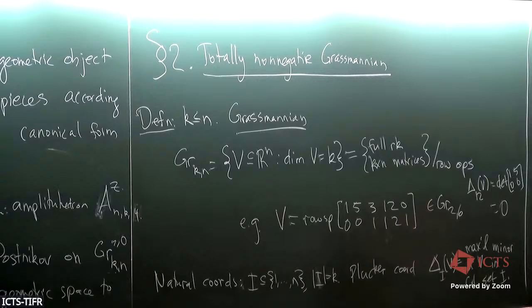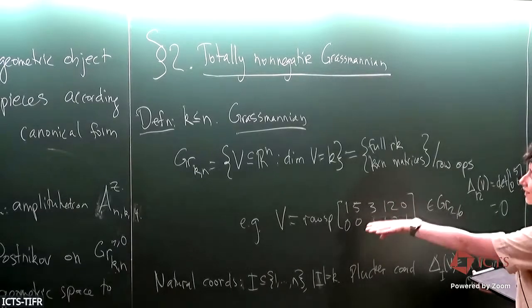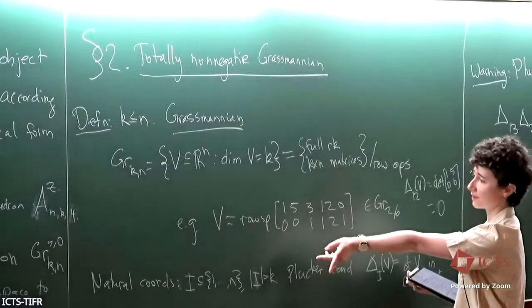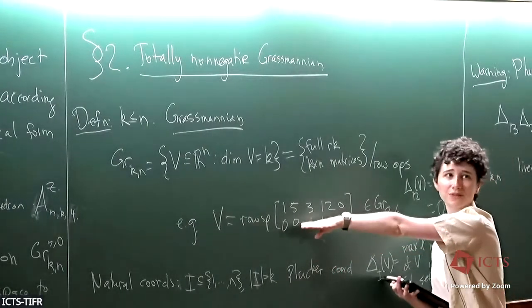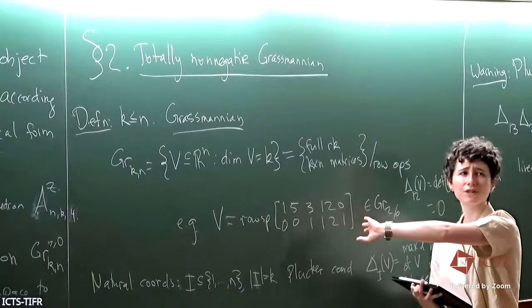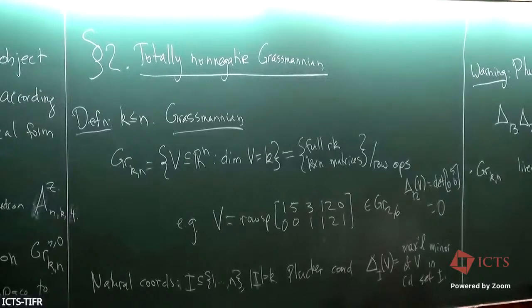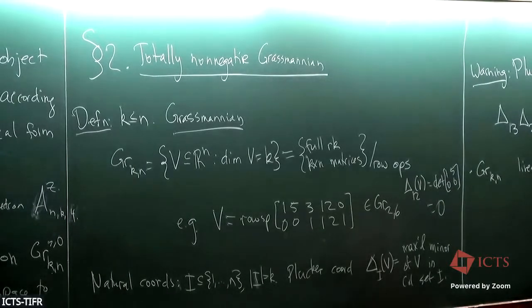And so, yeah, you could see Gr(1,n) as sitting inside of your two-dimensional subspace, by just ignoring one of the rows. But there's no canonical way to see that embedding. Yeah. Other questions?